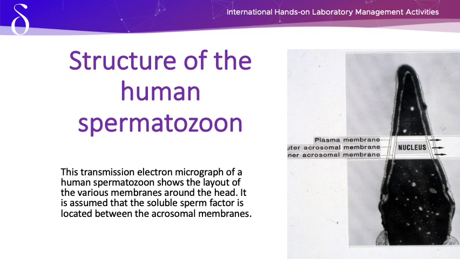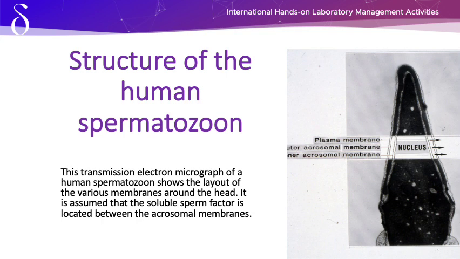Now, as the sperm interacts with the cumulus cells and subsequently the zona pellucida, the outer acrosomal membrane fuses with the plasma membrane and releases the acrosomal contents, which are a whole series of enzymes.